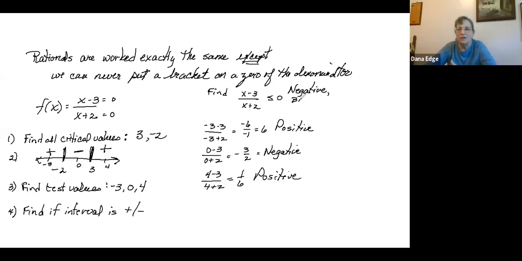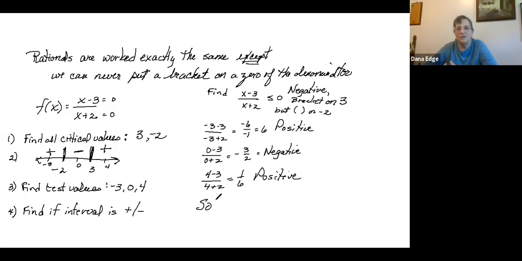I can put a bracket on the 3. But I have to use parentheses on the negative 2 because it's in the denominator. No matter what else happens, I cannot include the -2 in this because it would make it undefined.